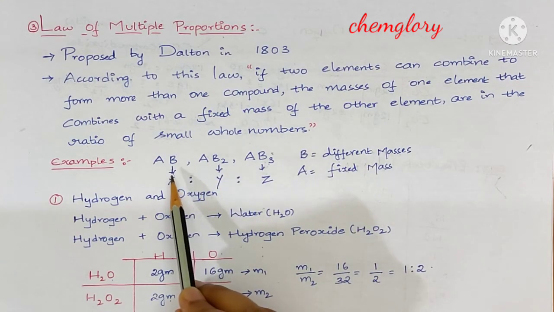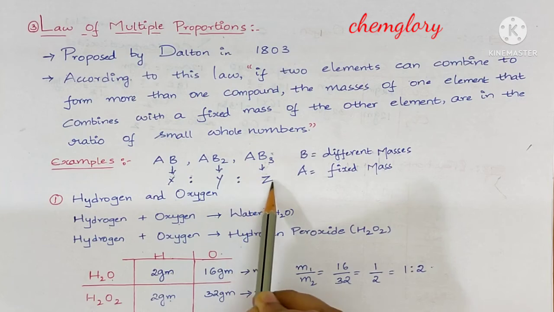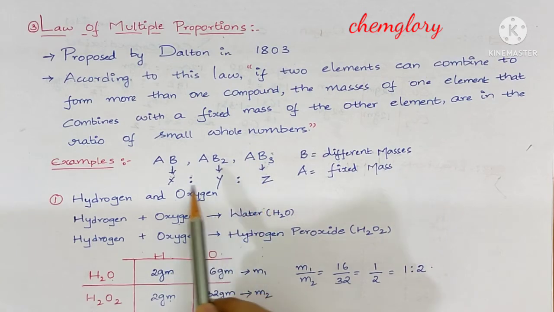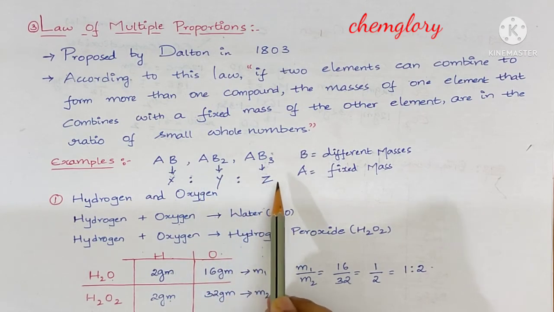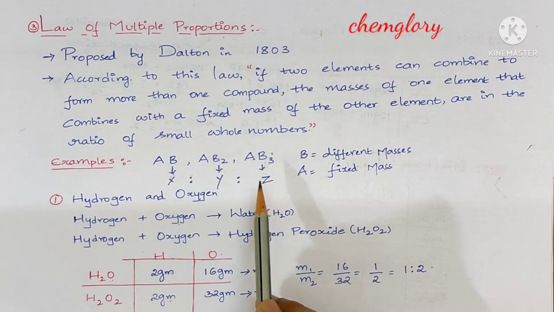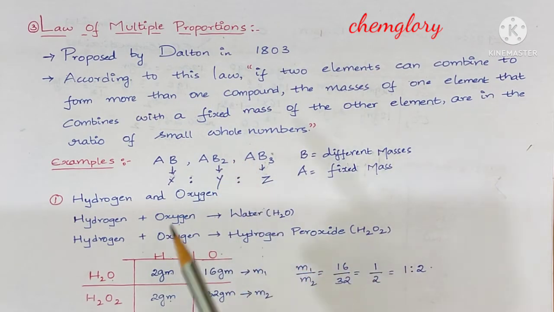B has different masses. Let it be X, Y, Z. So here when we take the ratio between X, Y, Z, this should be in the form of small whole numbers. Now let us understand this statement with some more examples.